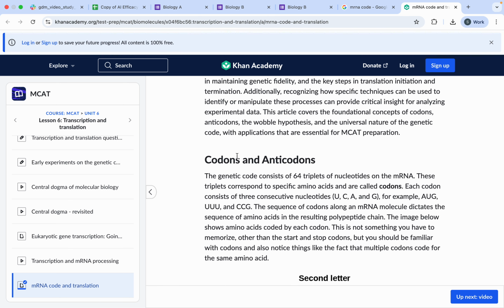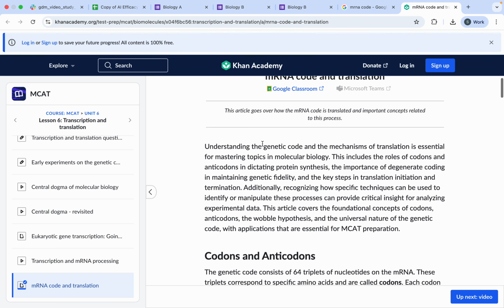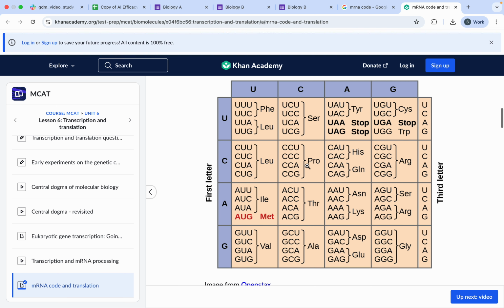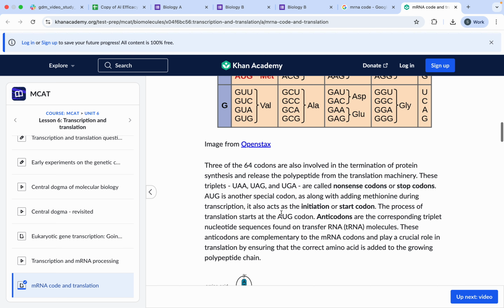So it is about the codons and anticodons. Yeah, here we can see it. Of the 64 codons, some are involved in the termination of protein synthesis and release of the polypeptide from the translation machinery. These triplets UAA, UAG, UGA are called nonsense codons or stop codons.